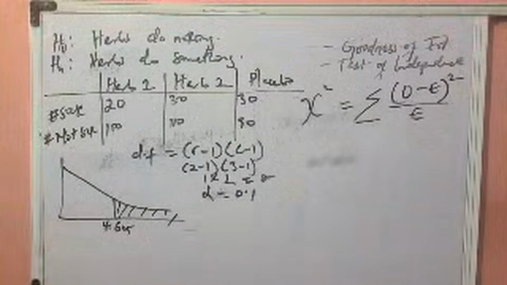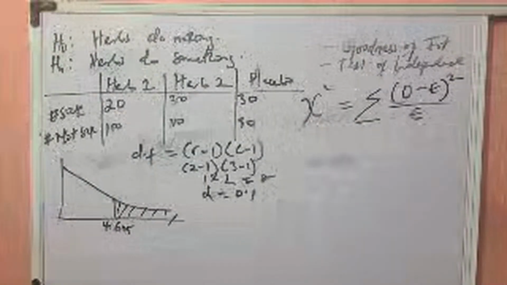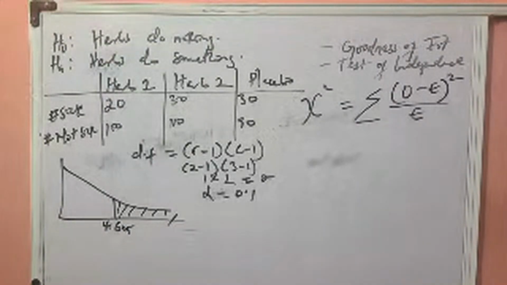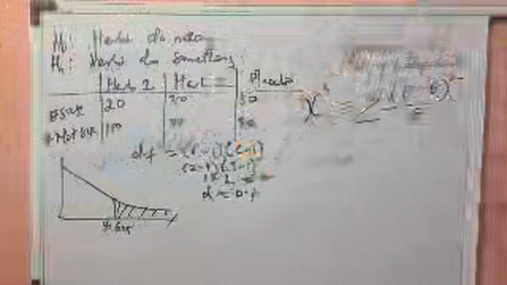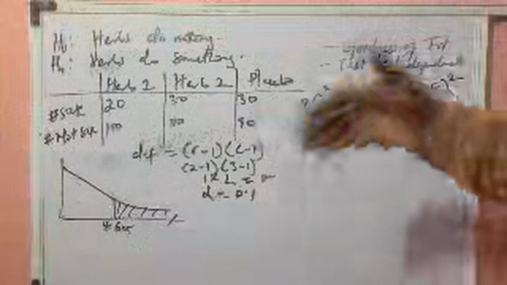This is probably one of the biggest changes that comes with the test of independence. Everything you have right here is what we classify as the observed value.